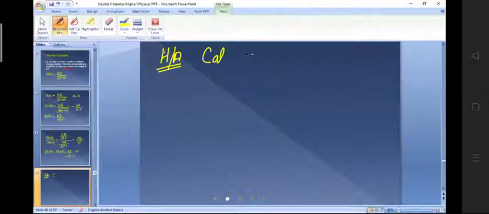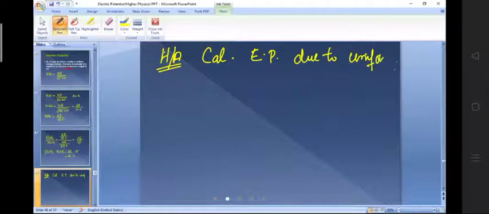So the question is like this: calculate the electrostatic potential due to a uniformly charged disk. Okay, so this is the home assignment.